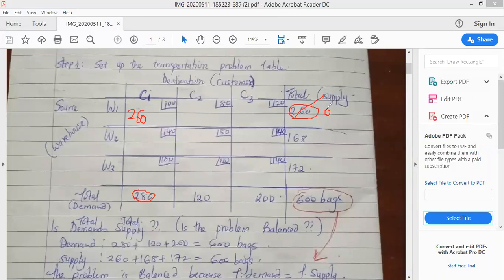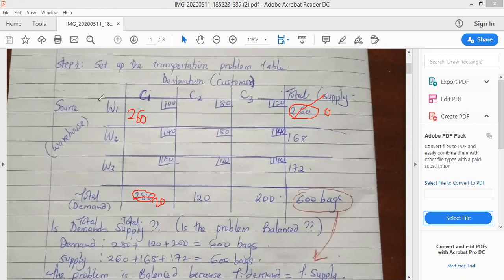The number of units received by cell W1C1 is 260, but the requirement by that destination is 280. So we need to source a balance of 20 more units. Where are these going to come from?